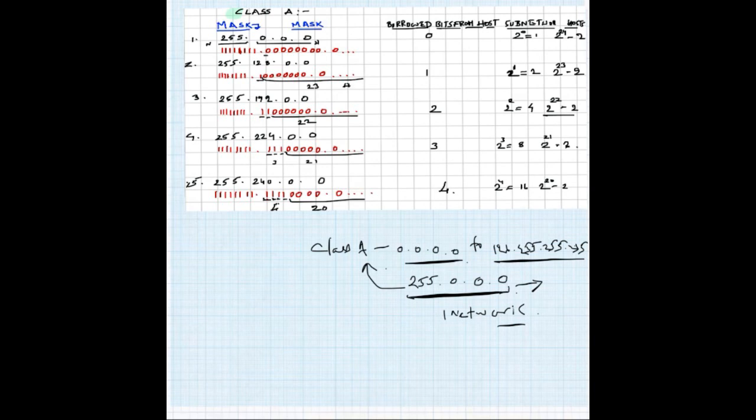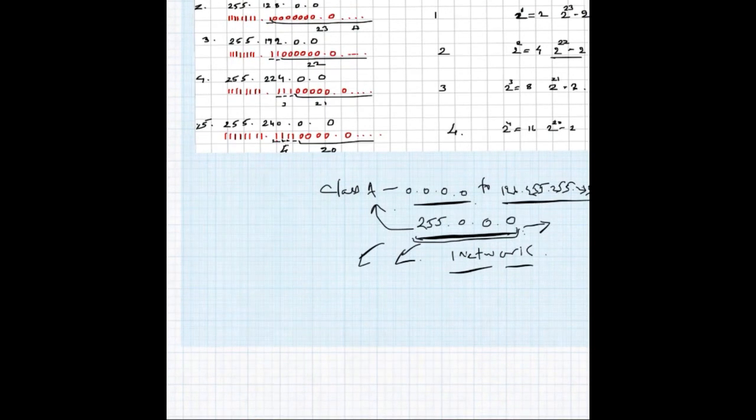So how can we manipulate the default subnet mask so that we get more subnet masks and more networks? Instead of one network, we can get 2 networks or 4 networks by manipulating the default subnet mask. Now let us see how that manipulation is done.